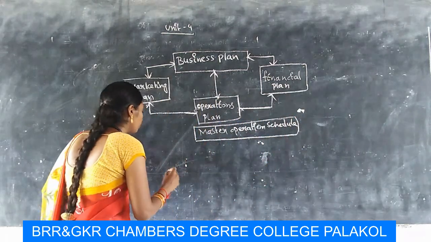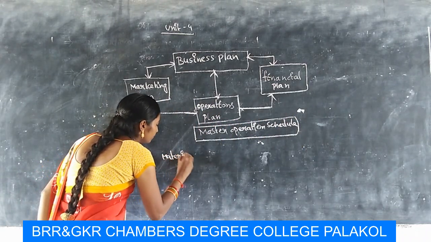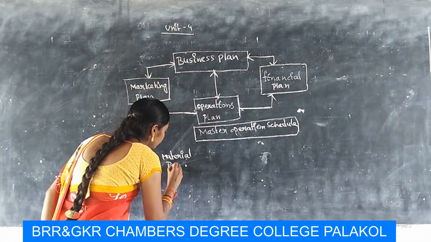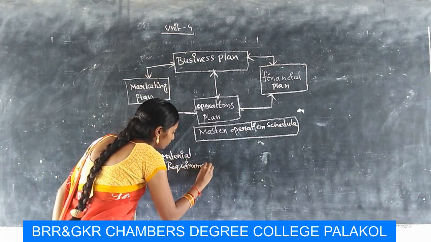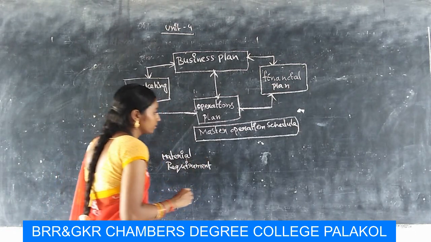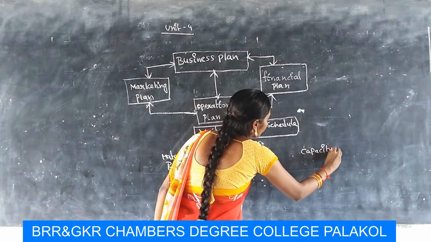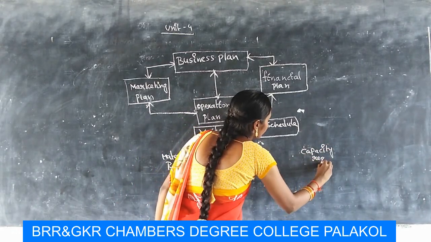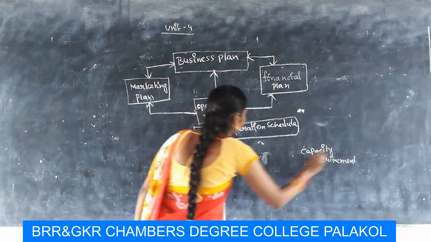It consists of two things, that is material requirement and capacity requirement.